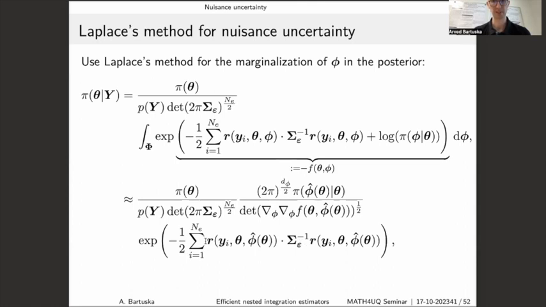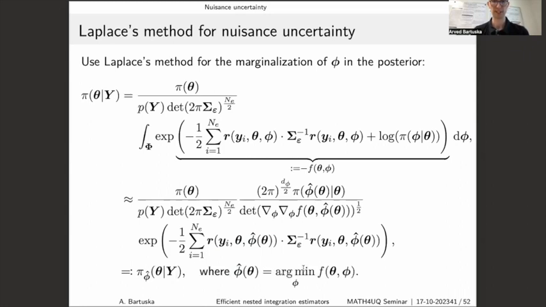But then we still have a nonlinear function, data residual, now of phi hat. It's the maximum of this likelihood only in phi. And this we call pi depending on phi hat. So this is the posterior with the nuisance parameters marginalized out by Laplace's method. But it's still a posterior, so we still need to approximate this.